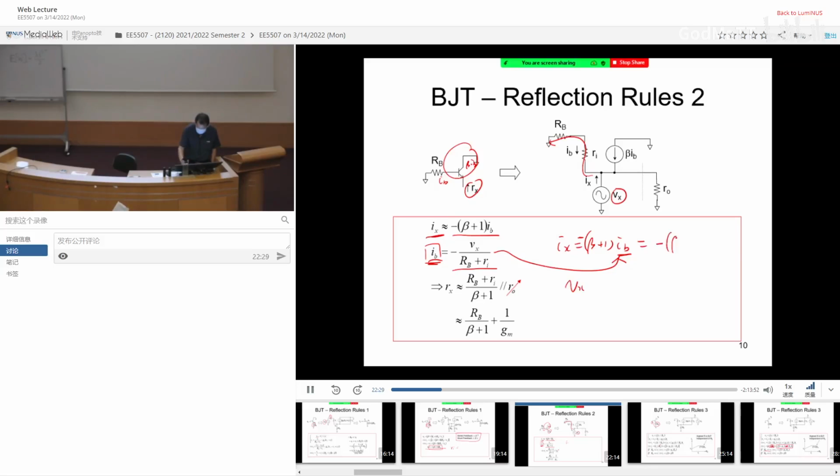So this becomes negative (beta plus 1) Vx over negative (RB plus Ri). So negative becomes positive. So you actually have (beta plus 1) Vx over (RB plus Ri). So what we want is Vx over Ix. So Vx over Ix now becomes (RB plus Ri) divided by (beta plus 1), which is this guy over here.